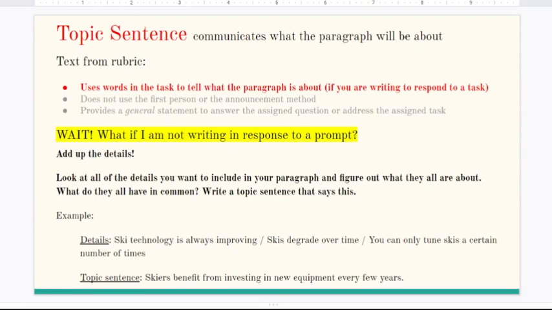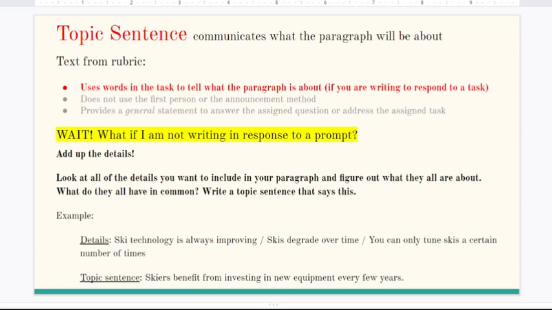Let's say you watched a movie about skis, and you had a lot of details from the movie, but the three that you wanted to focus on are here. Ski technology is always improving. Skis degrade over time, and you can only tune skis a certain number of times. So those are your three details.